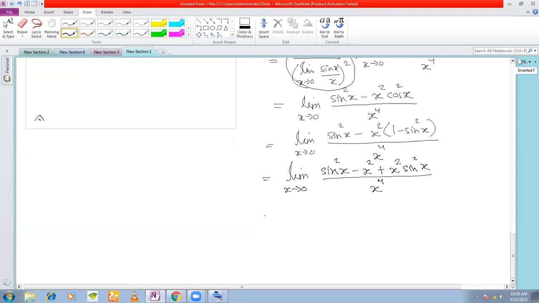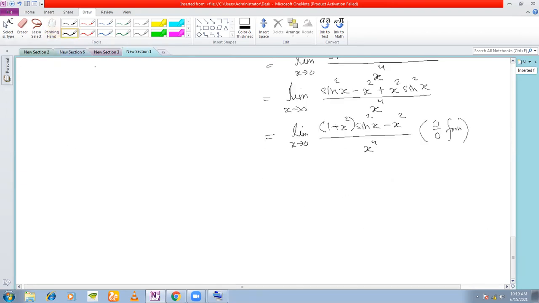Okay. So here, what you will get is limit x tends to 0, 1 plus x square sine square x minus x square divided by x to the power of 4. Now, which is a 0 by 0 form. Okay.